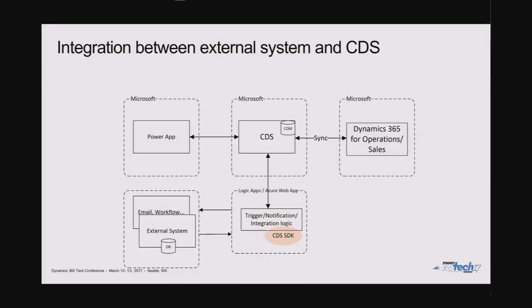You want to push some data over to another system, or vice versa. You'll be able to do stuff like this. So consider maybe one of these external systems could be a data warehouse, for instance, that you want updated with copies of your data. And that data can come from anywhere. It can come from Dynamics 365 even, because they are replicated out in our CDS cloud, right? That's a really powerful scenario right there, where the data exists in both places. It's pretty cool.